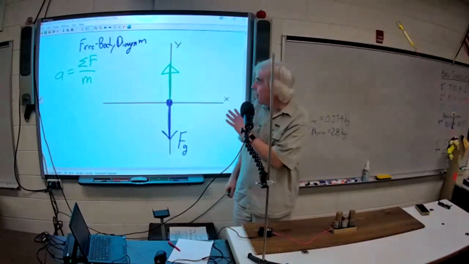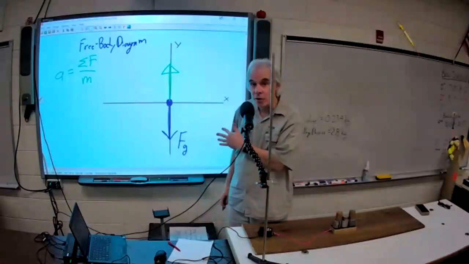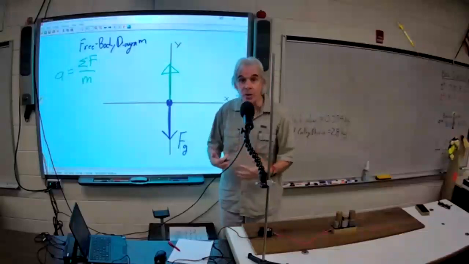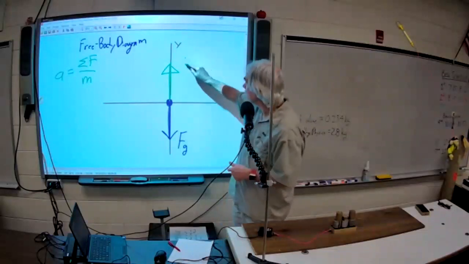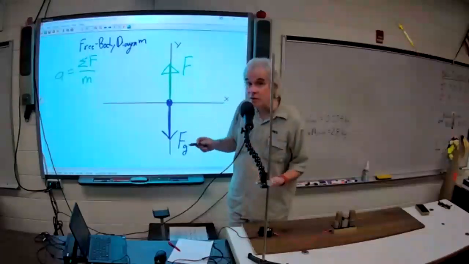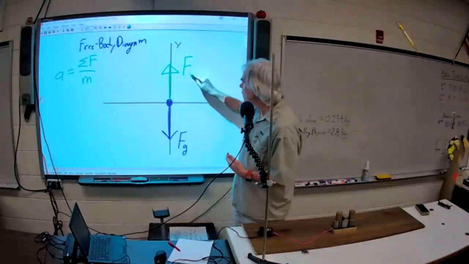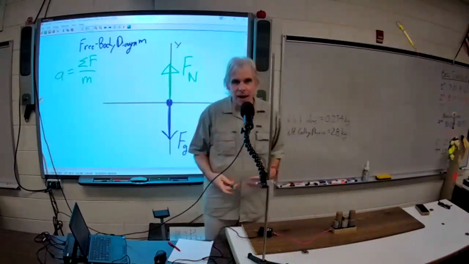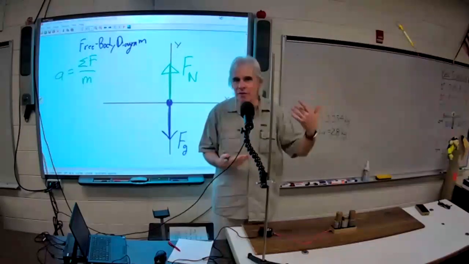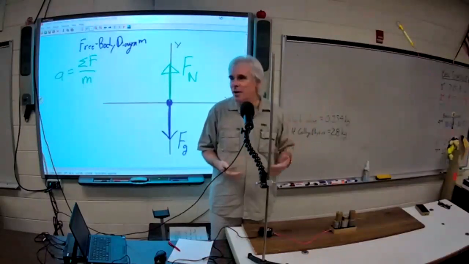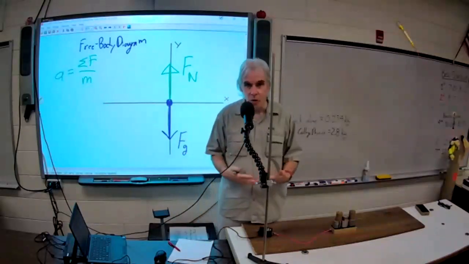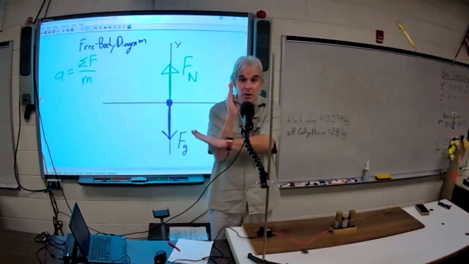Of course, I just put a vector arrow to represent a force. Always in free body diagrams, I have to make sure that I put a label on that. It's a force. What kind of force is it? N for normal. You look in the dictionary after the usual definitions of normal, somewhere down the list, there is the geometry definition of normal, which means perpendicular.